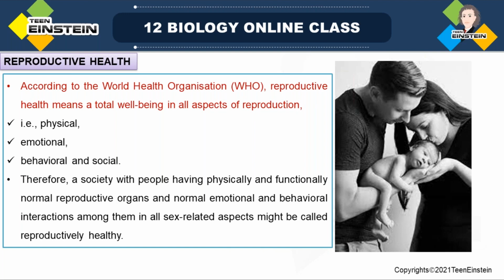This includes some major aspects also. According to the World Health Organization, WHO, reproductive health means well-being in all ways: emotional, behavioral and social aspects, then reproductive aspects, everything, totally in a healthy way.